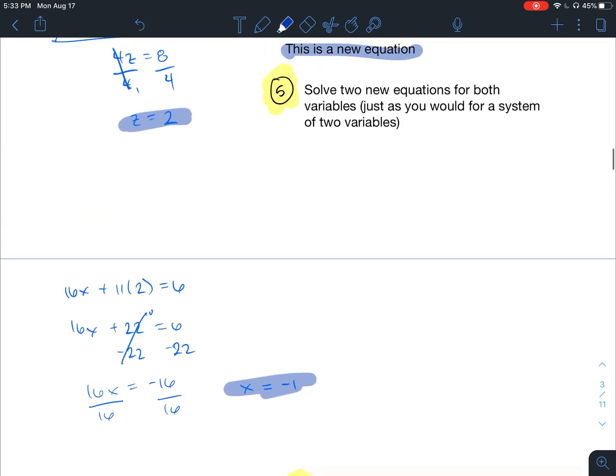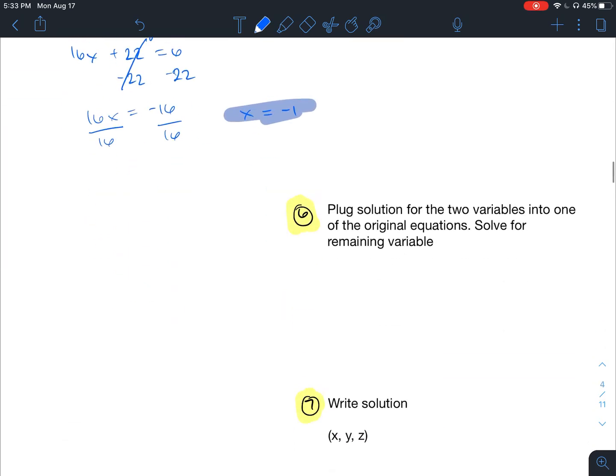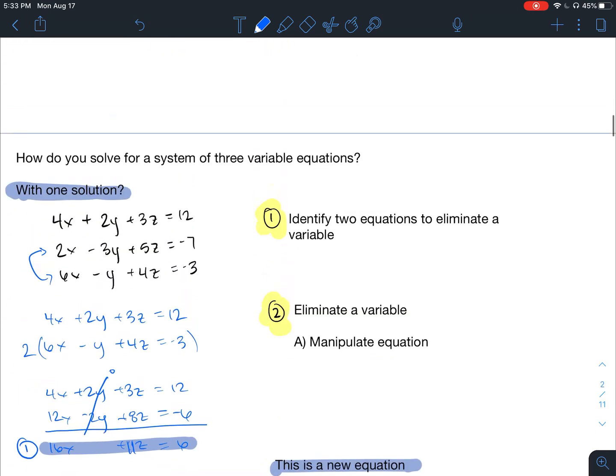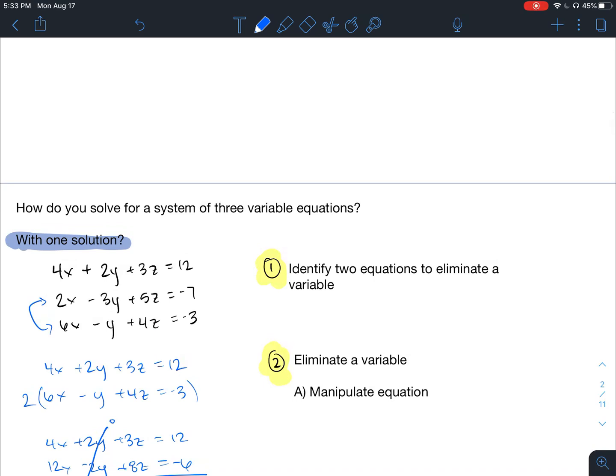Okay, so now we have z and x. So we plug the solutions for the two variables that we have back into one of the three equations. So we go back up here and we see our three equations. We have already solved for two of the variables, so now all we have to do is plug the answers for two of those variables back into one of these three equations.